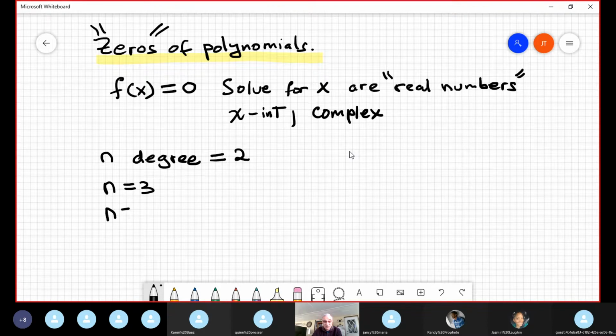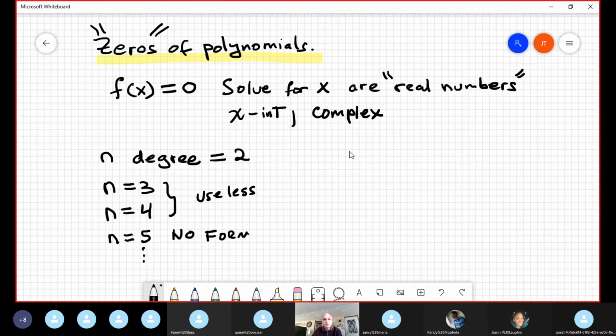And for degree 4, the formula is the size of 2 pieces of paper, but this is completely useless. Yeah, they are formulas, but completely useless. And degree 5 and higher, amazing, no formula. Unbelievable. To prove this is very, very, very complicated. But I anticipate this idea.